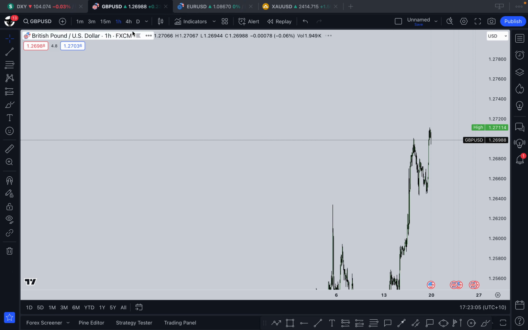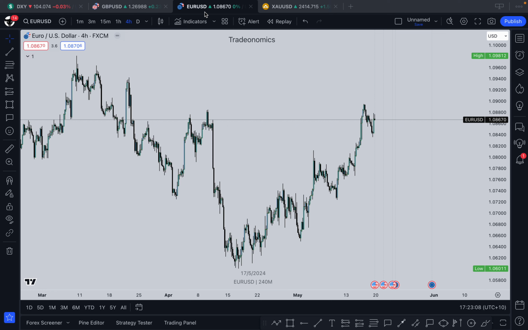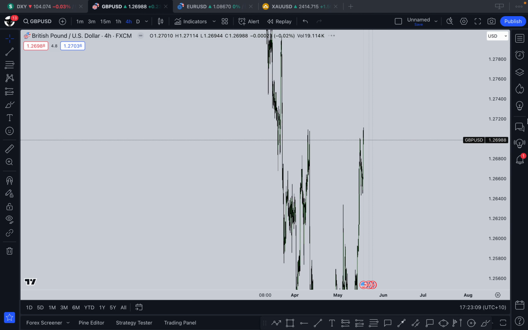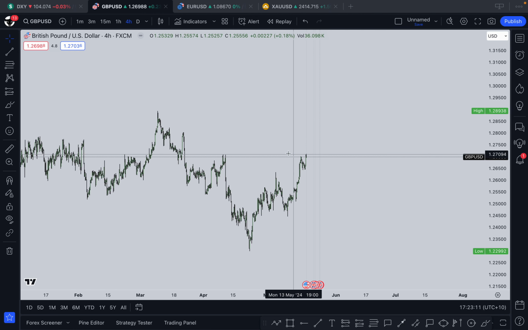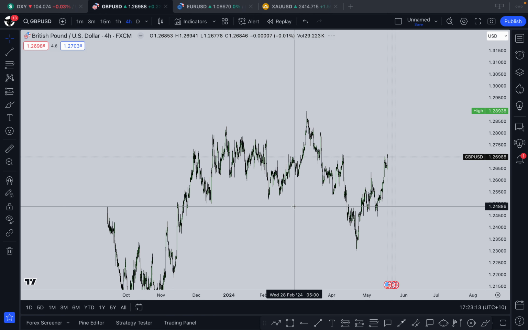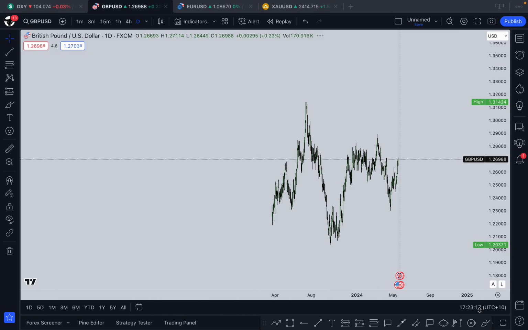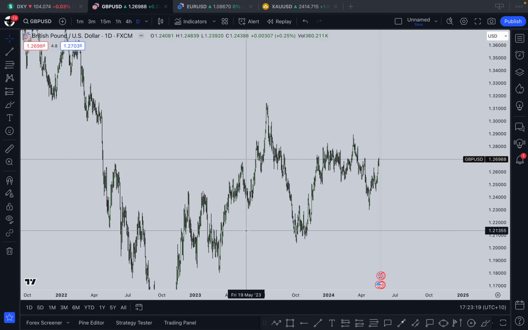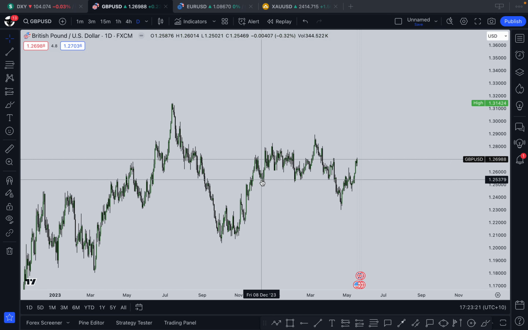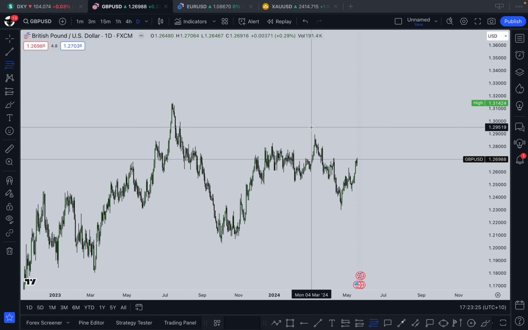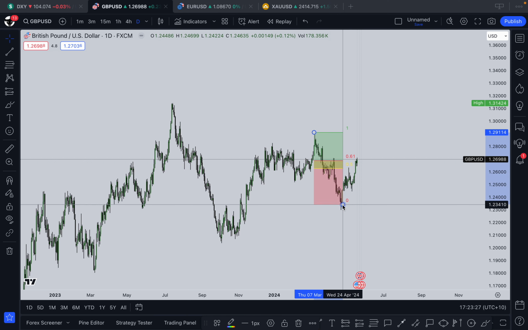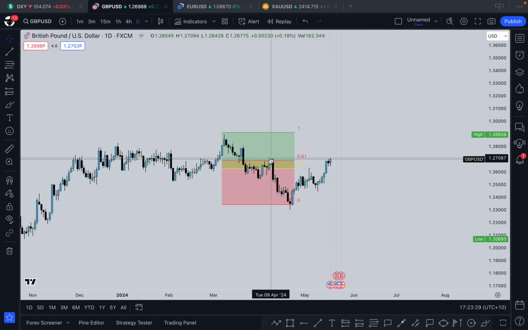Same thing with Euro USD. They all look pretty overextended, but it's hard to say with the speech coming up. And plus, like we took out these demand zones. We're coming back into probably a nice sell zone as well.